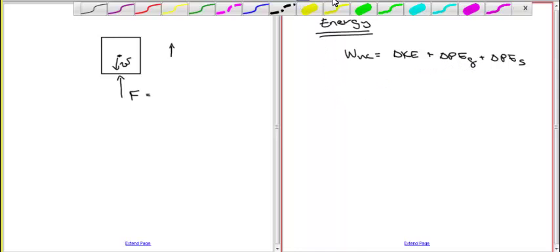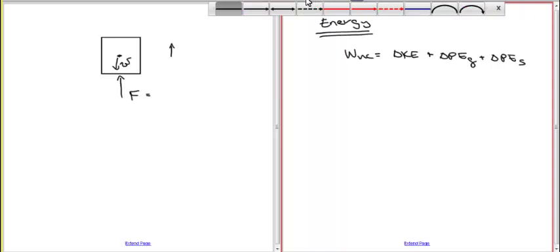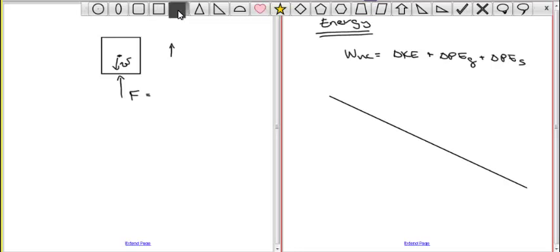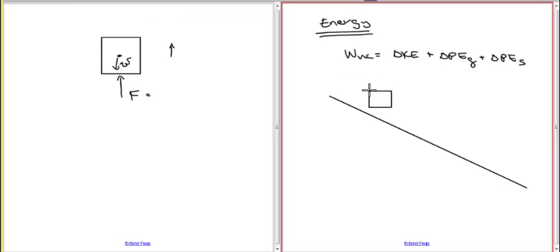So I'm just going to show you what a problem would be if I did include everything. Don't write this down, just pay attention. If I had an inclined plane with some kind of object, it's going to slide down. There's going to be some elevation change, so some change in gravitational potential energy. It runs into this spring, and as it's going down, it has friction.